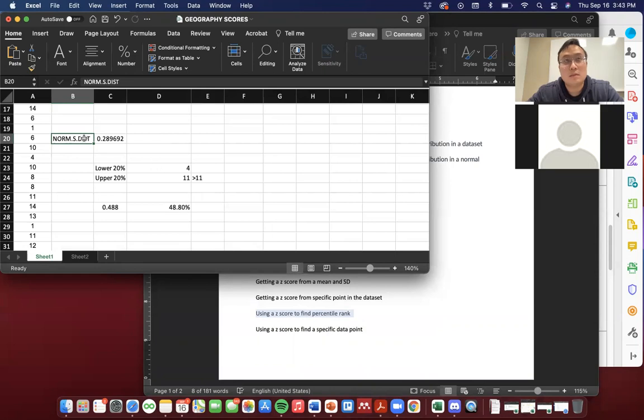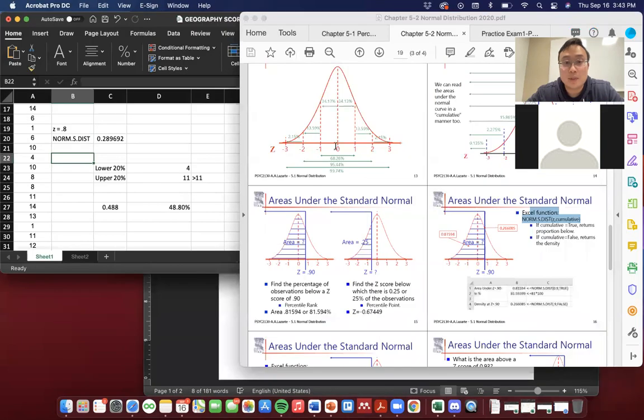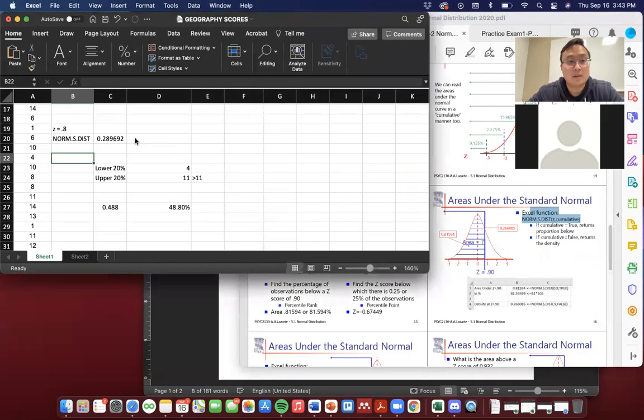A z-score of 0.8, and in between here would provide you with 28.97 percent of the data.